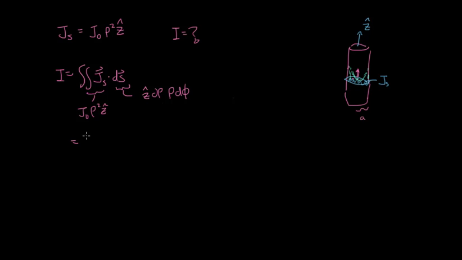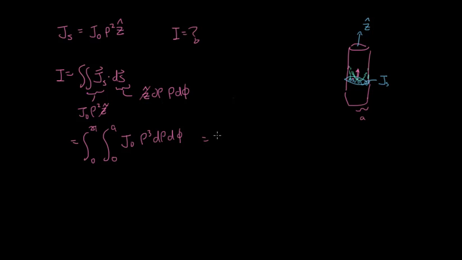We'll just set up the integral. We have our J naught rho, and z dot z is equal to 1, so we don't have to worry about this z anymore. The rhos combine, so you end up with rho cubed d rho d phi, where rho goes from 0 to a and phi goes from 0 to 2 pi.